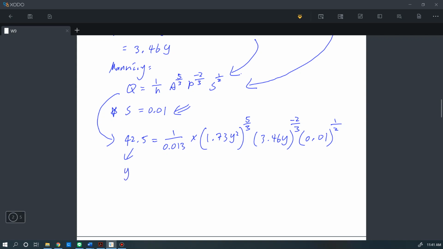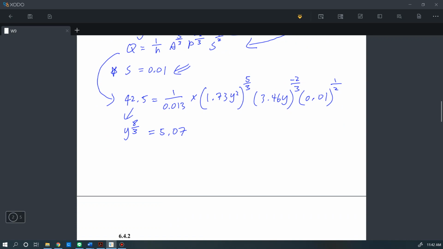If you organize this equation, you can get a simple form that y to the power of 8 over 3 will equal 5.07, and you use this equation to solve y, which is also known as the normal depth of the channel. That is equal to 1.84 meter.